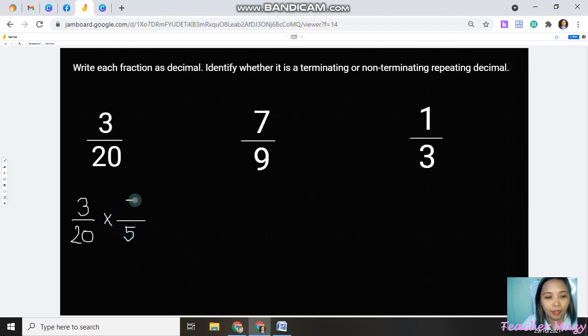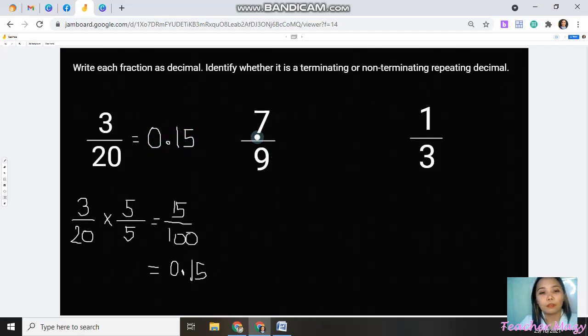By doing so, we need to multiply our numerator by the same number. So 3 times 5 is 15, and 20 times 5 is 100. So in decimal, it is 0.15. For number 1, it is 0.15.